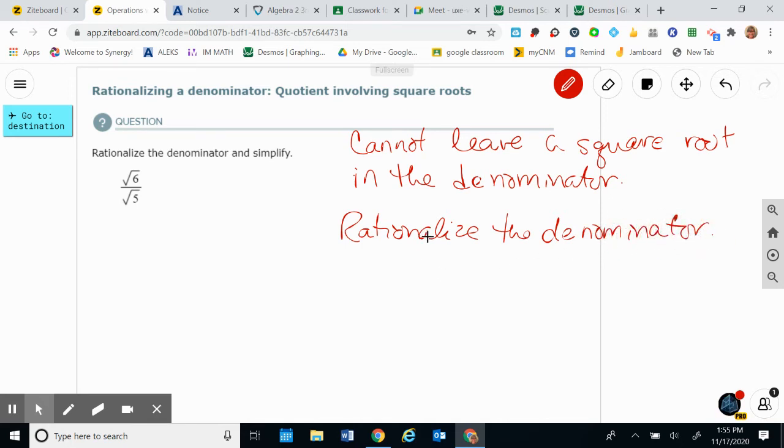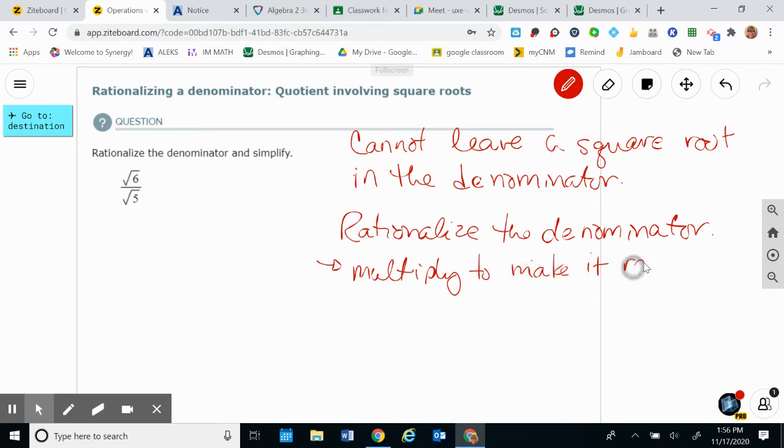So to rationalize it, you are going to multiply it to make it rational.